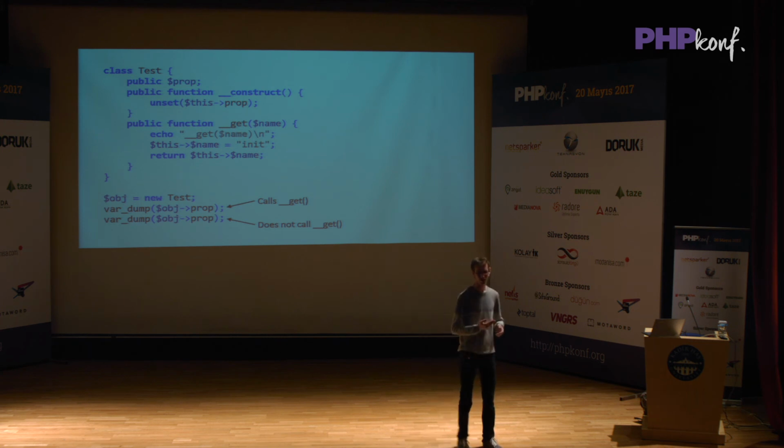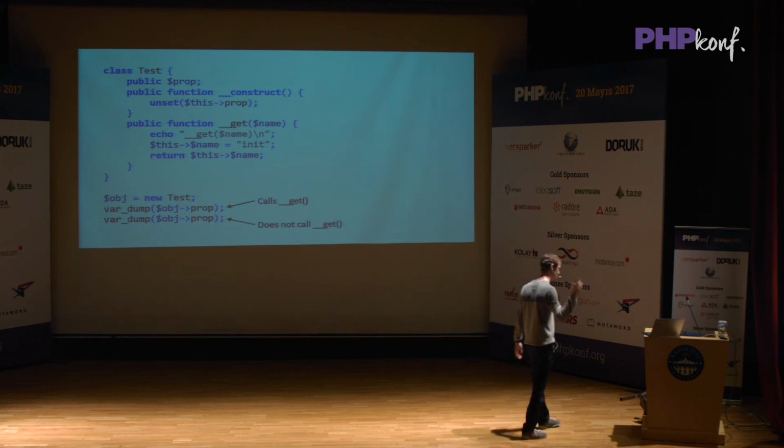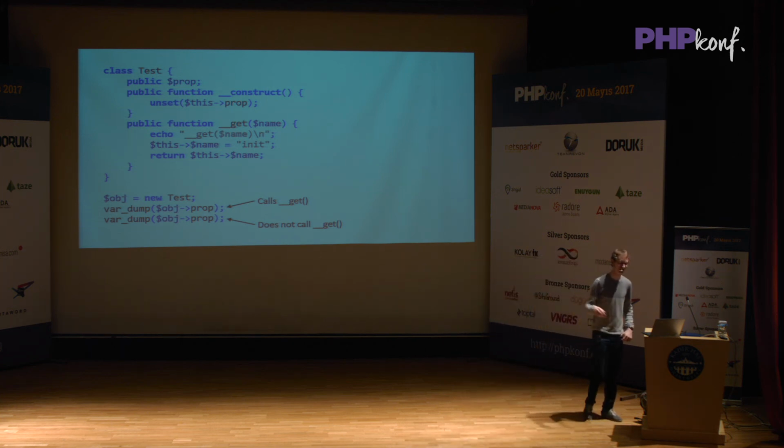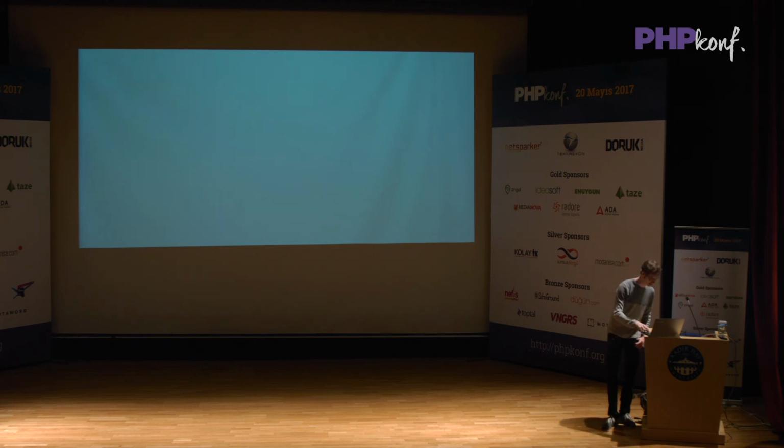So we just figured, okay, let's remove this. I mean, why would anyone ever want to unset a property they have explicitly declared? It doesn't make sense. But yeah, then some people pointed out that actually all their code depends on this completely, and we better not drop it. So that's why it's still there.